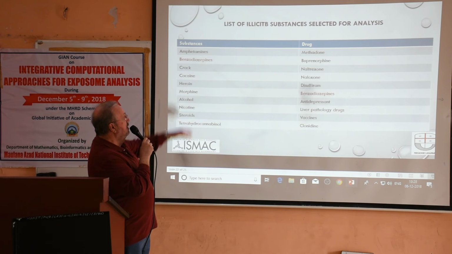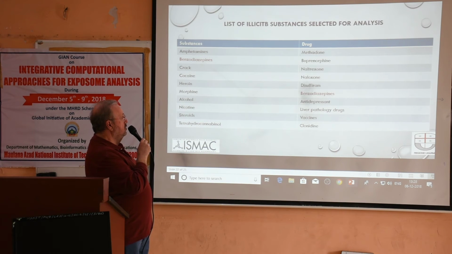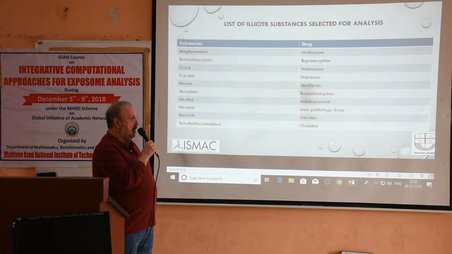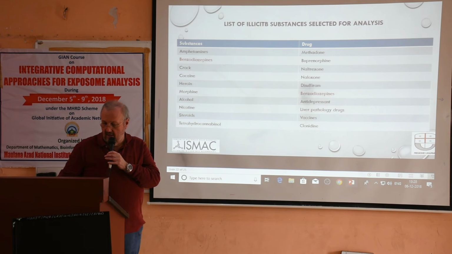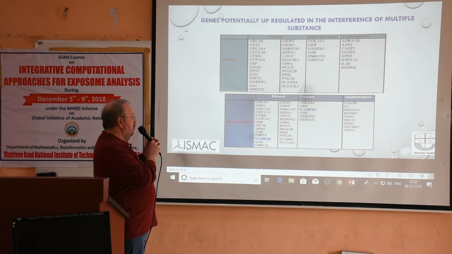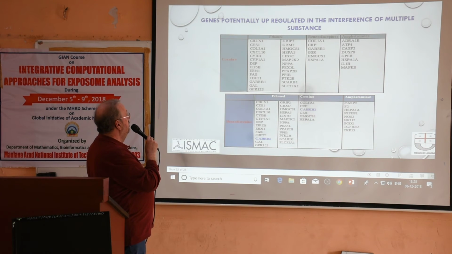Naloxone is another substance used to rescue an addicted patient.